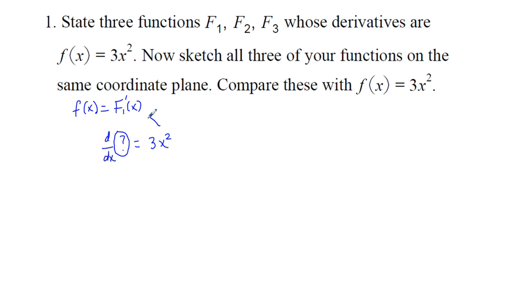In order to take the antiderivative, it's going to have to be x to the third power. So let's say d/dx of x to the third power. What is that going to be? Using the power rule, it's going to be 3x squared.